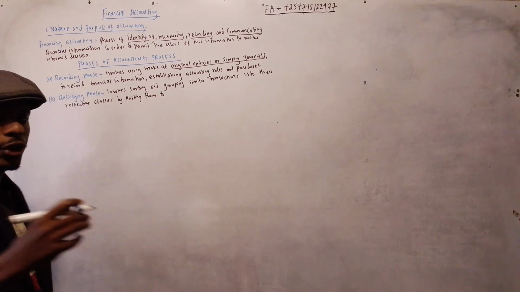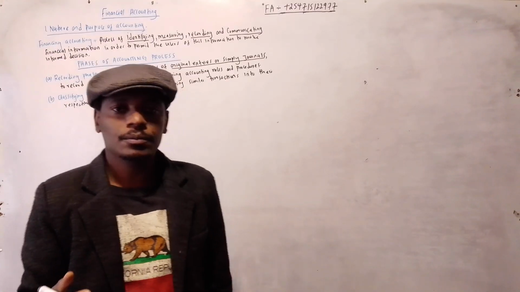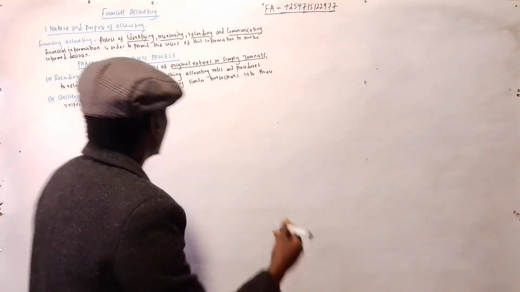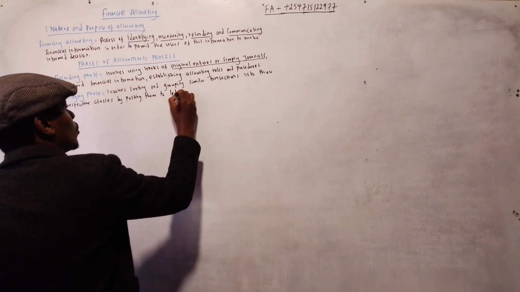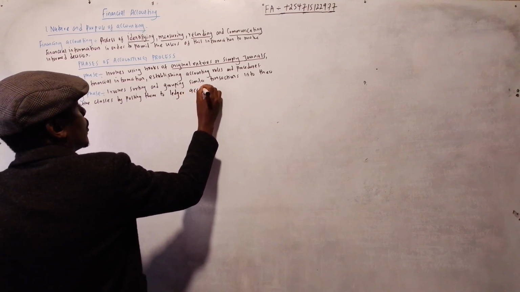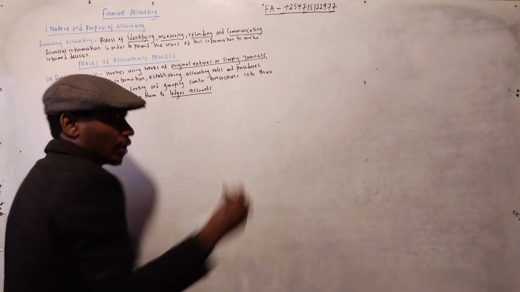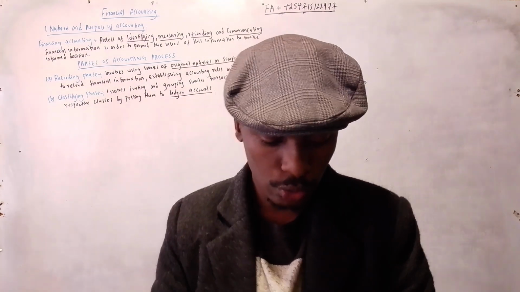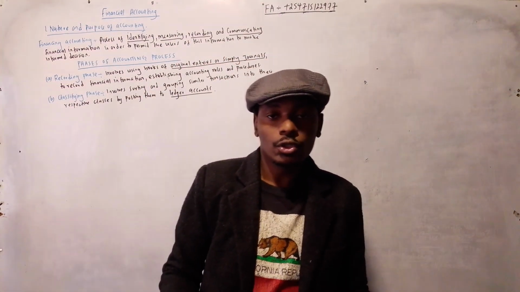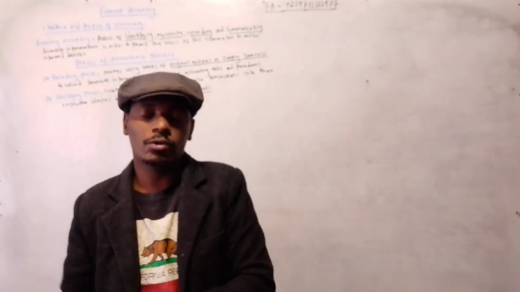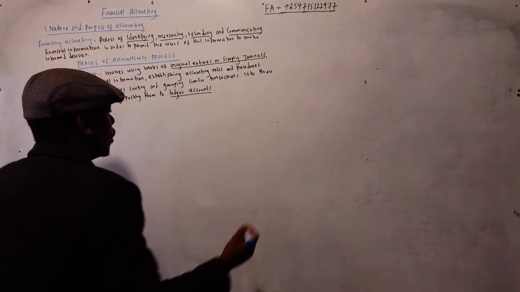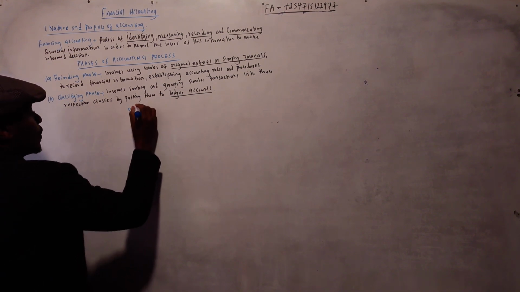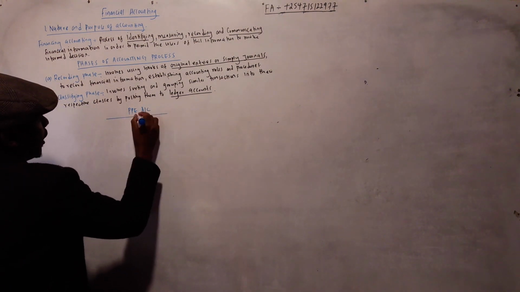Now, the only way we can sort these groups together is by using a particular account. That account is what we call the ledger account. A ledger account is used to sort similar items together. For example, all items of property, plant and equipment can be sorted in a ledger T account.